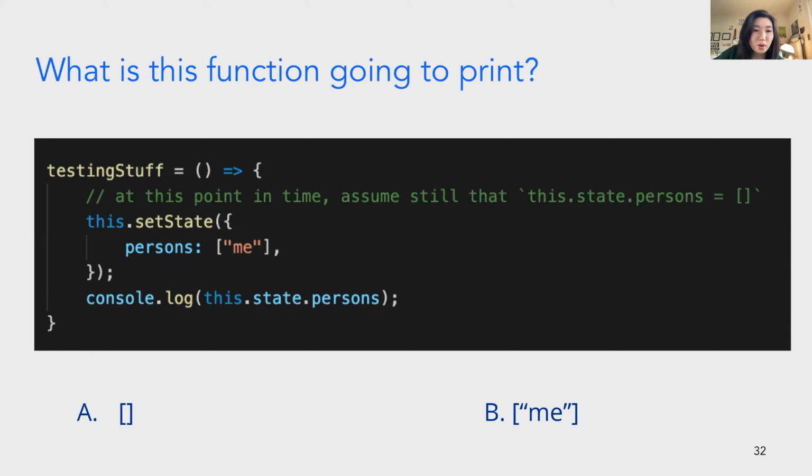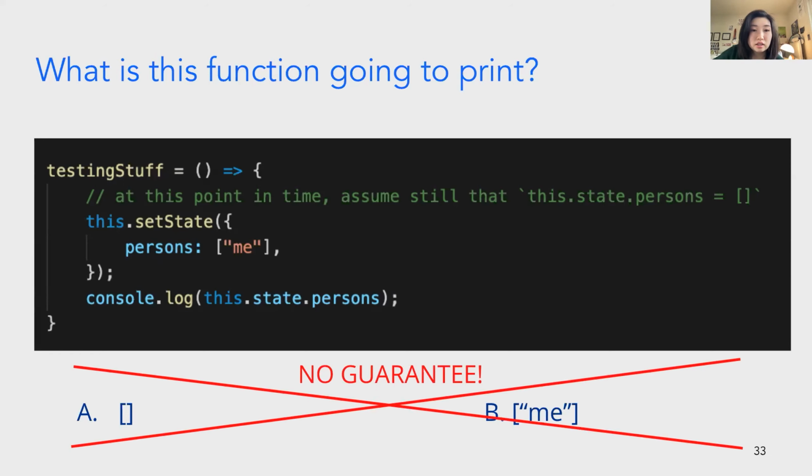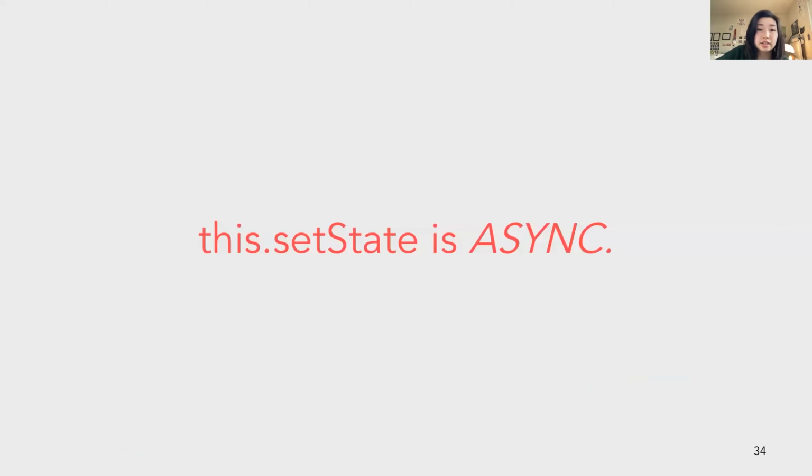Okay, so the answer is actually, we don't know. There's no guarantee as to whether our console will print A or B, and in practice, it would most likely print A because this.setState is an asynchronous function. If you remember async functions from yesterday, once setState is called, we don't expect it to execute or finish right away.